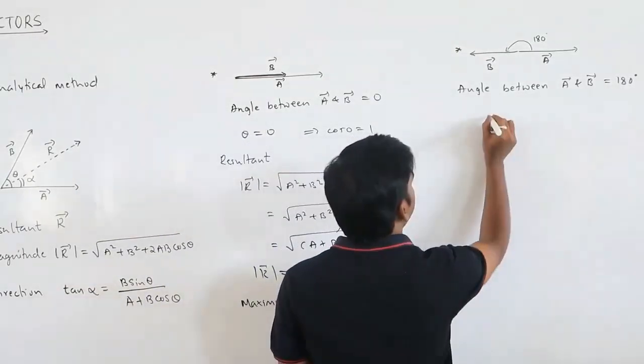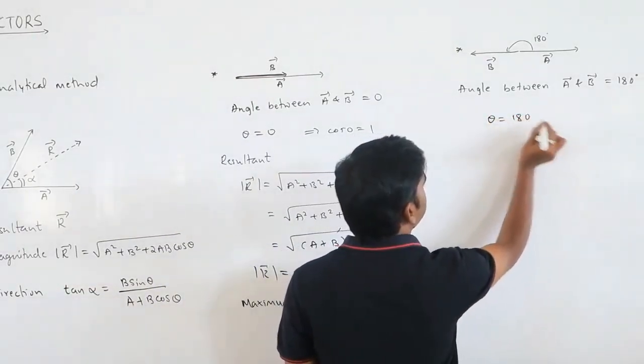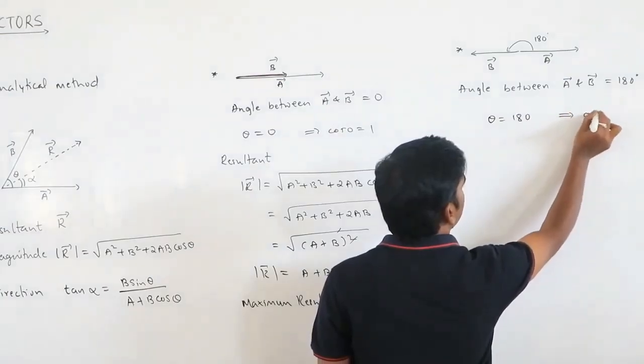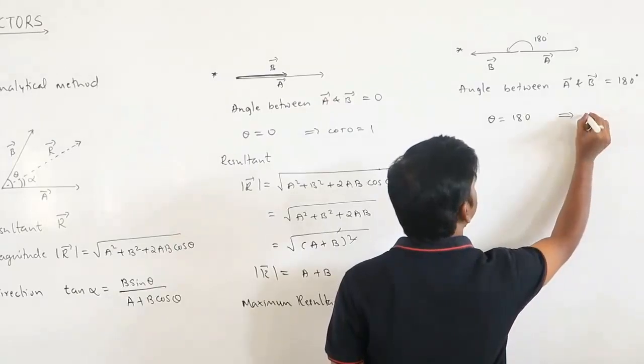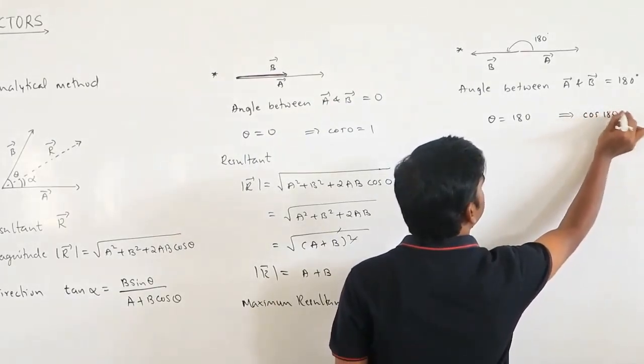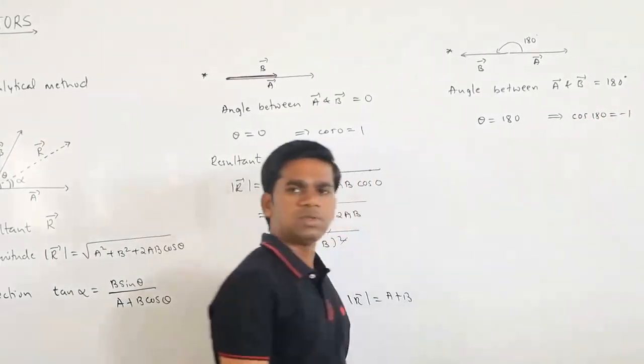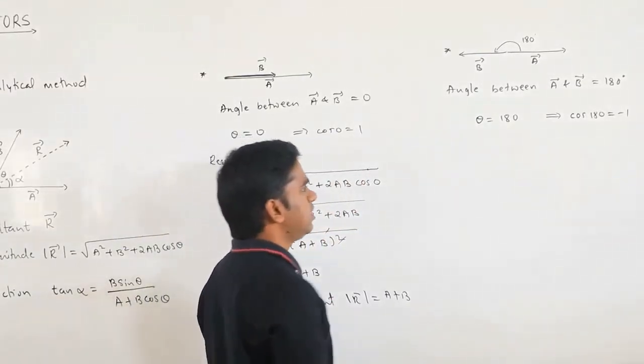So theta is 180. What is cos theta? Cos of 180 is minus 1, obviously.